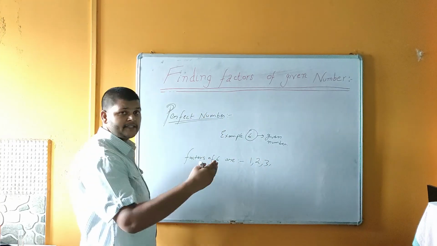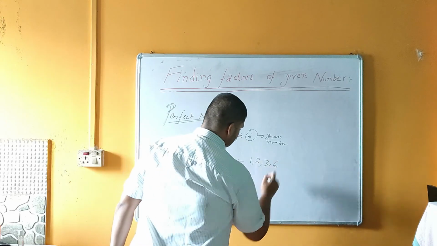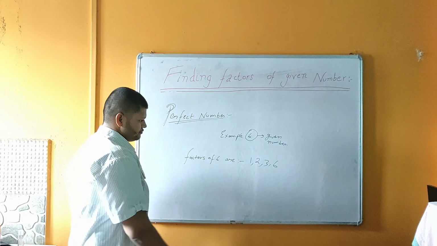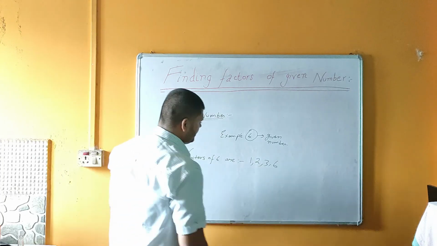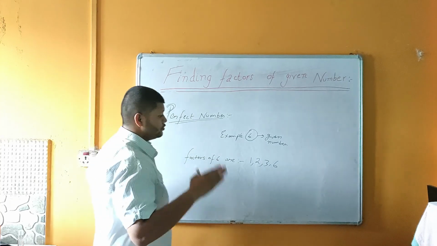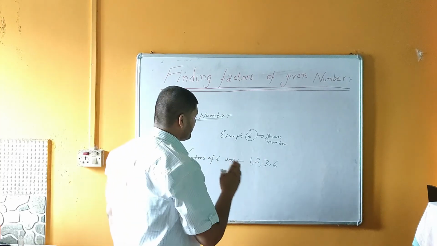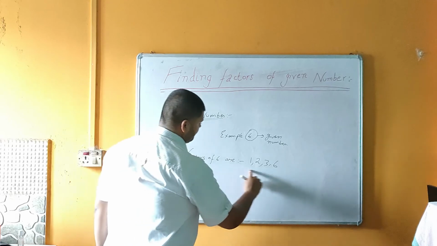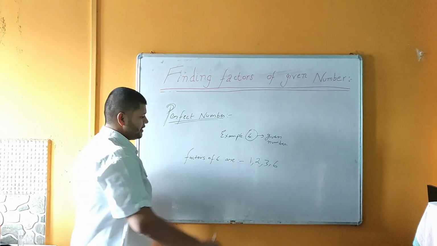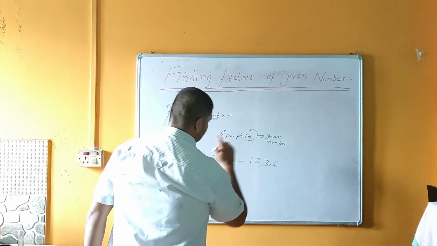In the table of 6, 6 will occur, yes. So these are the factors of 6. This is possible only when we know the tables from 1 to 20. If you have memorized the tables, then you can write the factors of any given number directly in this way.